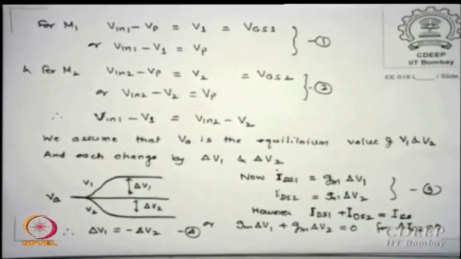So if Va is the average, one goes above, the other must go by the same amount in the opposite direction from the average value. So Vn1 goes to Vn plus delta Vn, and Vn2 must go to Vn minus delta Vn. That is essentially the feature of differential, that is what I said. Any change in V1, an opposite change must come to V2 by the same amount, opposite, and therefore the signs.